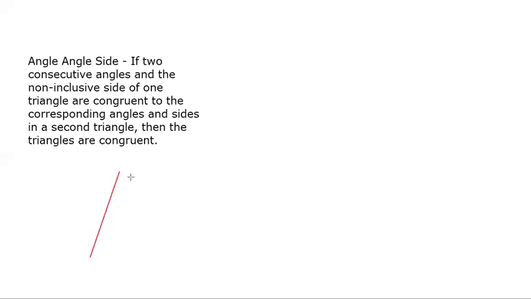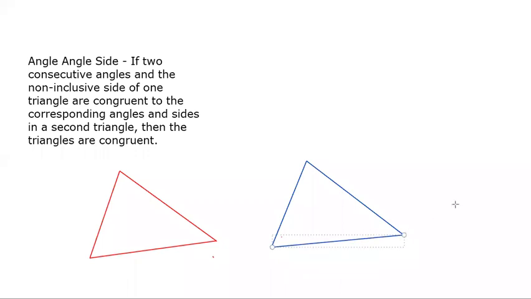Basically, we'll take the red triangle and we'll draw it like this. Now let's look at the blue triangle. And if we have this information, so we're looking at an angle, and then a side that is not included between.